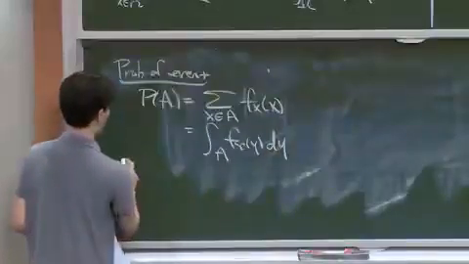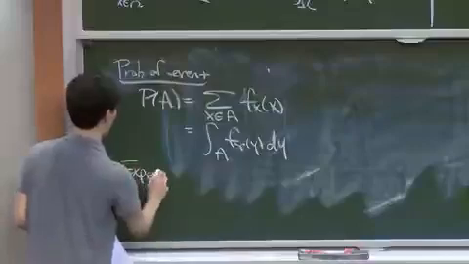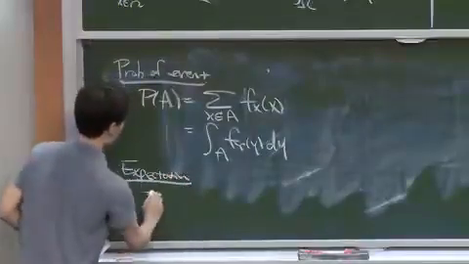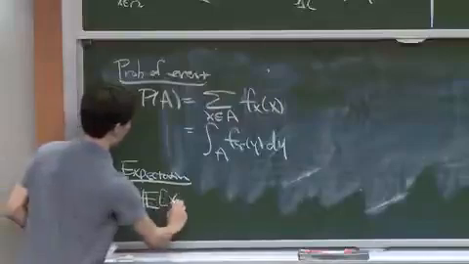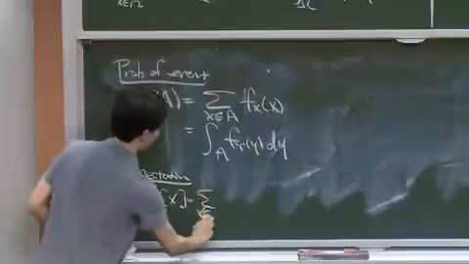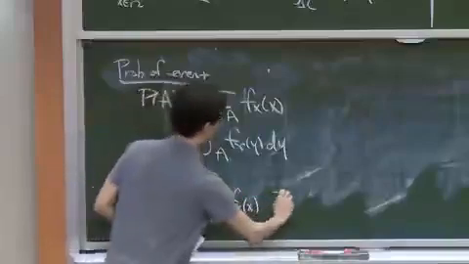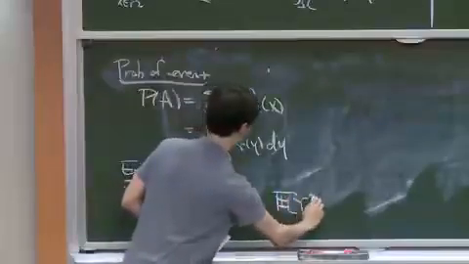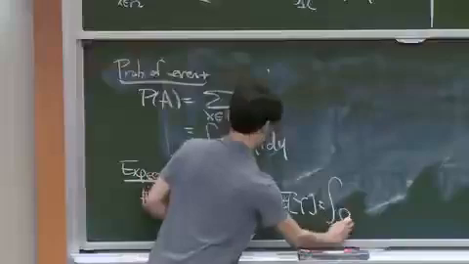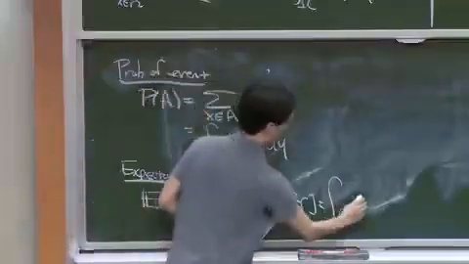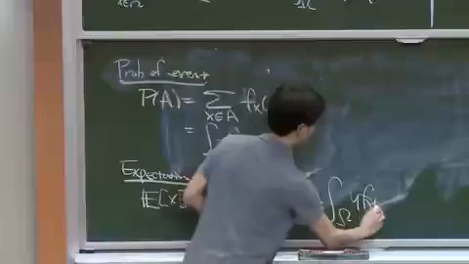And expectation, our mean, is expectation of x is equal to the sum over all x of x times f(x), and expectation of y is an integral over omega, the space, of y times f(y).